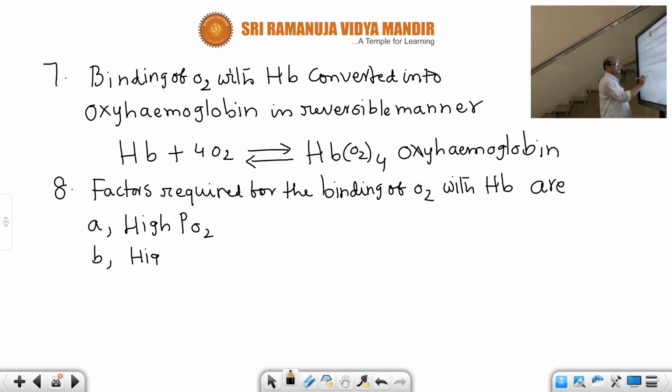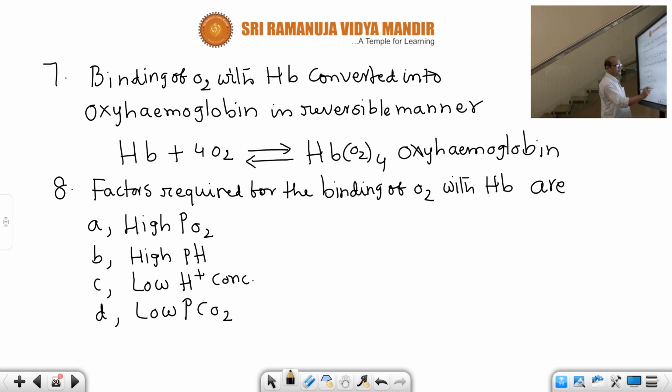Here association occurs. So for the association of oxygen with hemoglobin, the factors required are high PO2, high pH, low hydrogen ion concentration. When the hydrogen ion concentration is lesser, the pH is more. When the hydrogen ion concentration is greater, then the pH is low. High PO2, high pH, low hydrogen ion concentration, low PCO2, means low partial pressure of carbon dioxide in alveolar air.